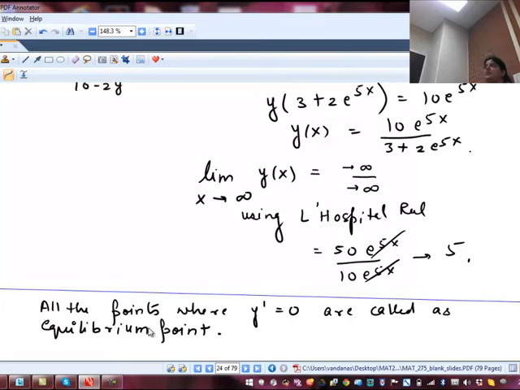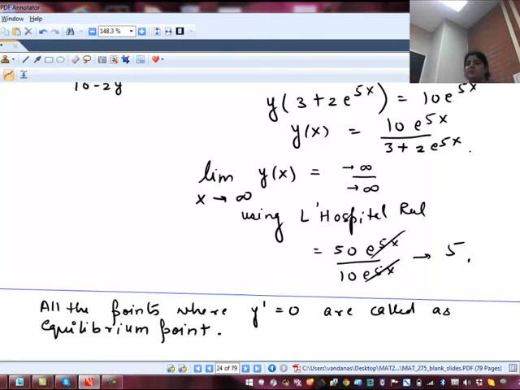Now this theory is useful when we try to understand what will happen to the solution eventually. If we are trying to understand the solution in a short interval of time, we can just explicitly give this expression. But if we want to understand what will happen to the solution eventually, we need to understand this theory of whether the solution we are starting is closer to an equilibrium point and whether that point is stable or unstable.